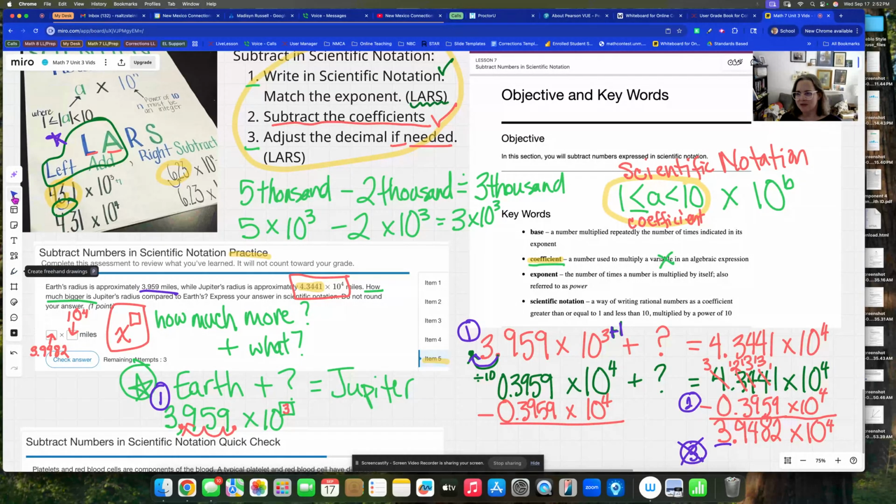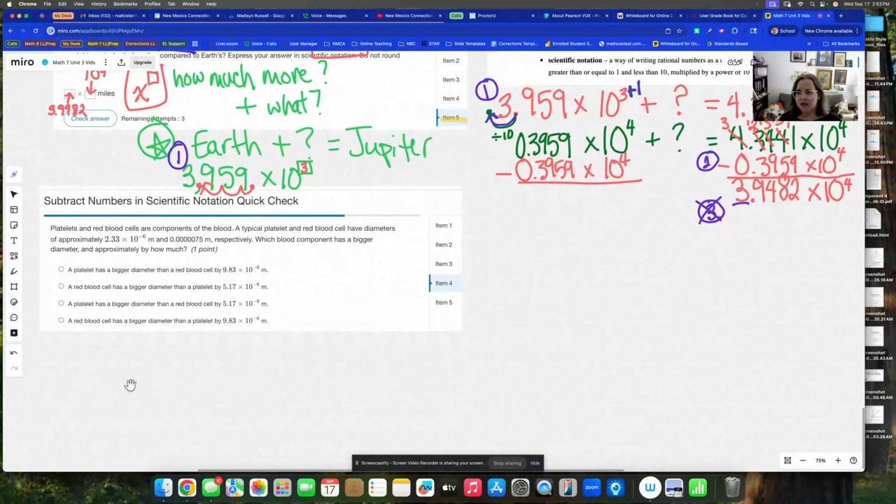That has so many steps. My goodness. Okay, so here's this one. Platelets and red blood cells are components of blood. A typical platelet and red blood cell have diameters of approximately 2.33 times 10 to the negative 6th power meters and 0.00000075 meters, respectively. When they say respectively here, what they mean is that the first number goes with the first thing they said.